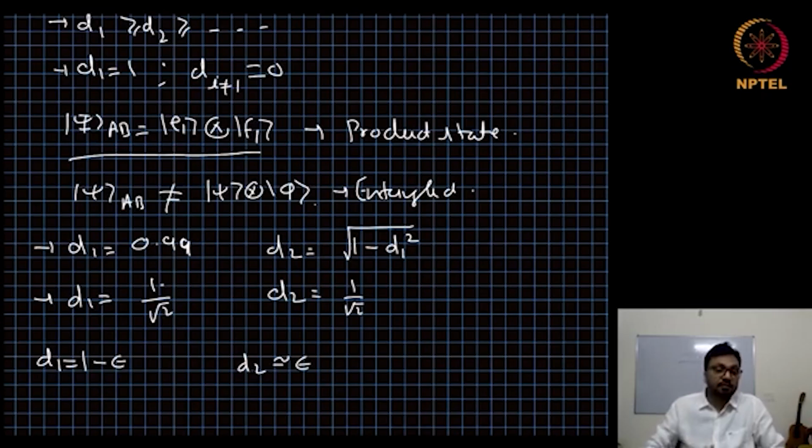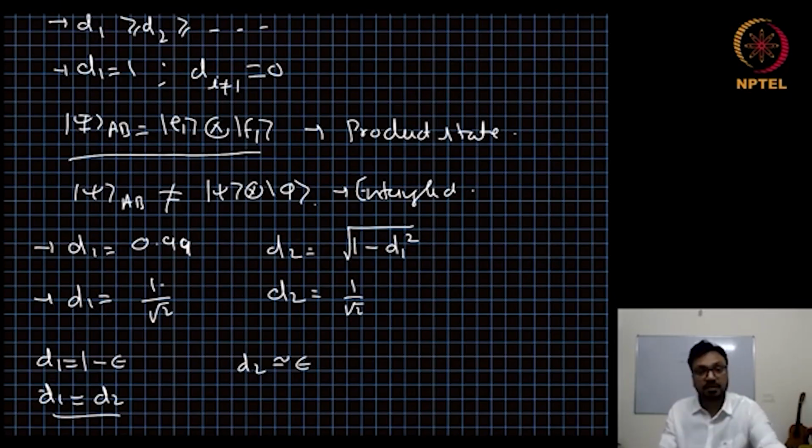If d1 is 1 and d2 is 0, then it's a separable state. That has been established from the Schmidt decomposition. Then if d1 is reduced a little bit, by epsilon tending to 0, and d2 is close to epsilon, which is again close to 0, then it should be very close to a separable state, so it should be a weakly entangled state. On the other hand, when d1 and d2 are the same, it should be a very entangled state.